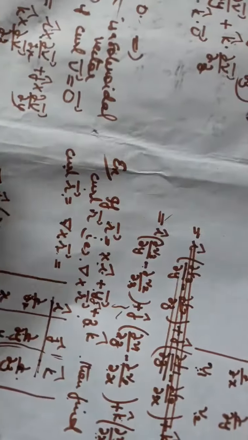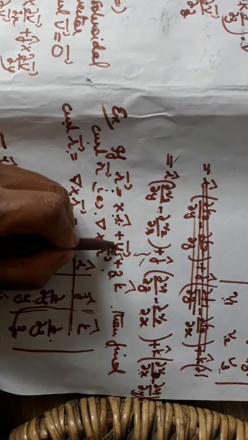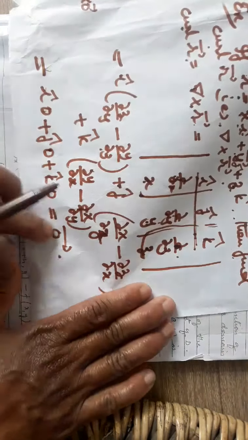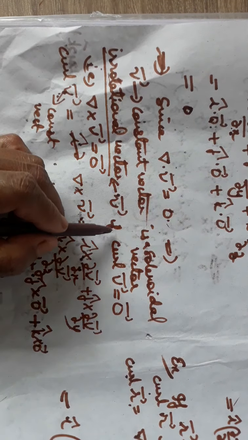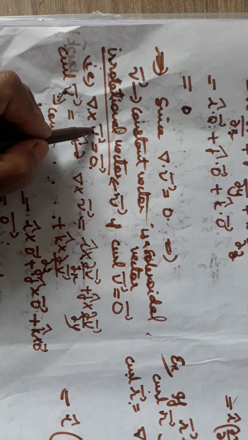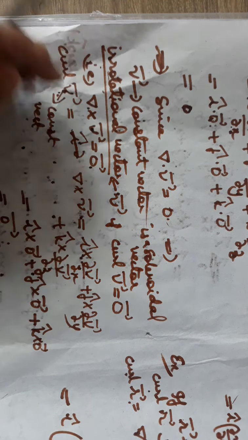So if r bar is equal to xi plus yj plus zk, then the curl of vector r bar is equal to the zero vector. By an irrotational vector we mean that if del cross v bar is a zero vector, then v bar is an irrotational vector.